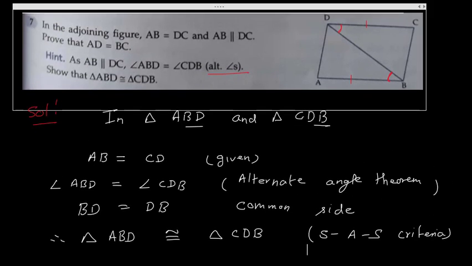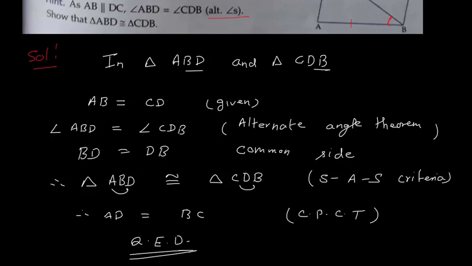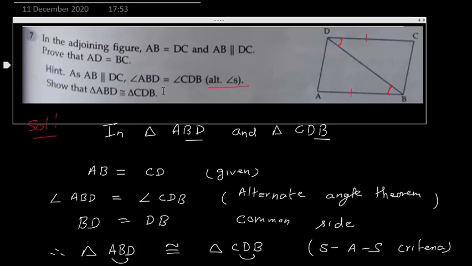So corresponding side AD is equal to BC. This is corresponding part of congruent triangles, CPCT. Hence proved. So you can say that QED. That is what is asked, you have proved it.